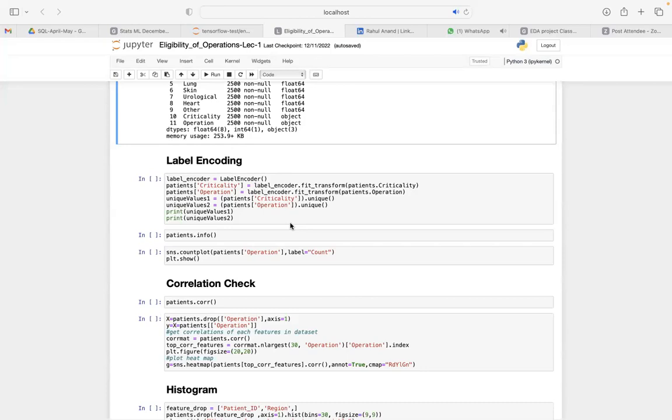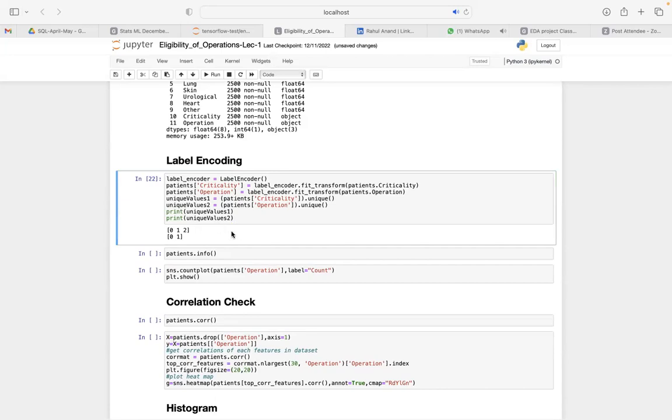If you don't know what label encoding is, it just replaces your categorical variables with numbers. In case of level 1, level 2, level 3, it will be replaced by 0, 1, 2. And in case of true and false or yes or no, it will be replaced by 0 or 1.